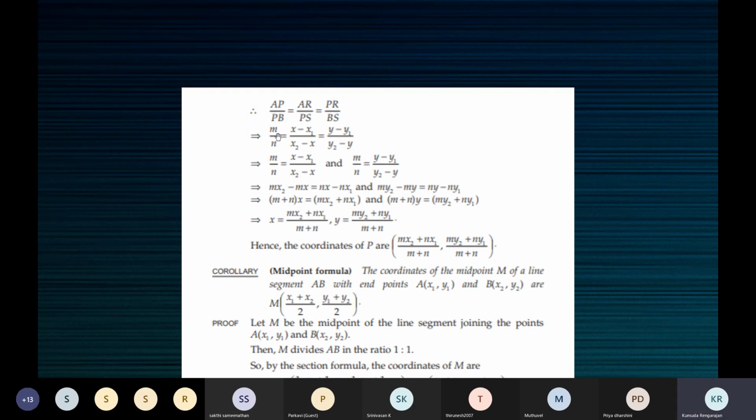Similarly, on equating this with this, cross multiply. There is this term with y and this term with y, y2 and y1. These are the two terms with y. Take them to one side: my plus ny. Take out y common. So we get y is equal to (my2 plus ny1) by (m plus n).